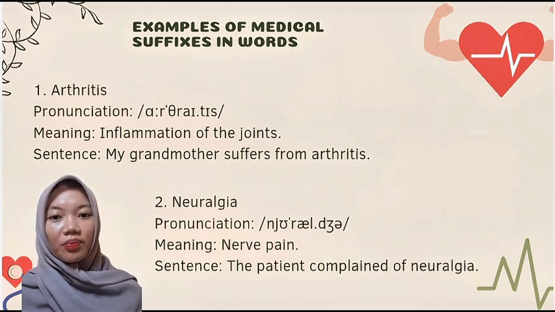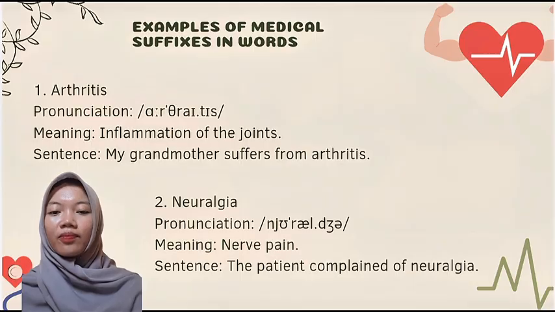This means the patient experienced pain related to the nerves. From these examples, we can see that understanding medical suffixes helps us understand many medical terms even when we encounter them for the first time.